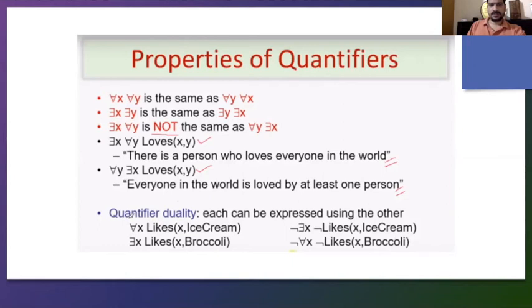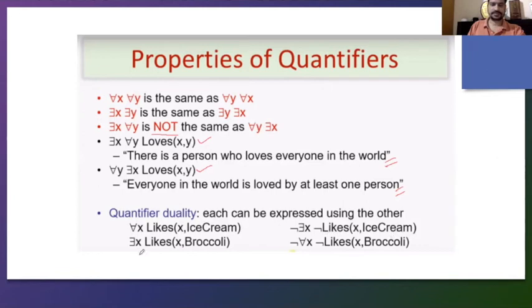Now, there is a property called quantifier duality. It means that one quantifier could be represented with another quantifier. For all x, x likes ice cream. Here the same thing could be represented by this: not some x, not, some x doesn't like ice cream.